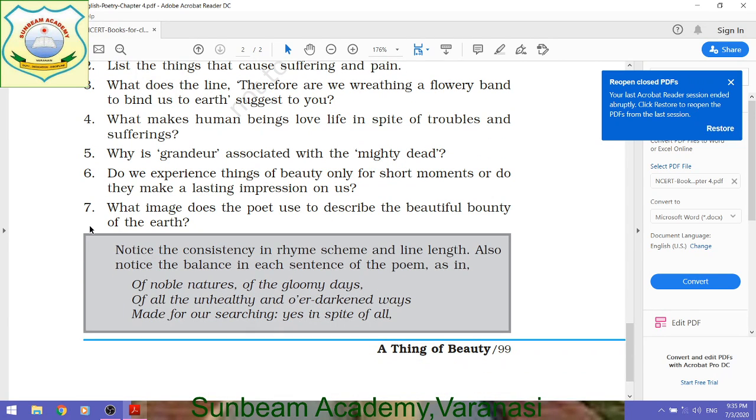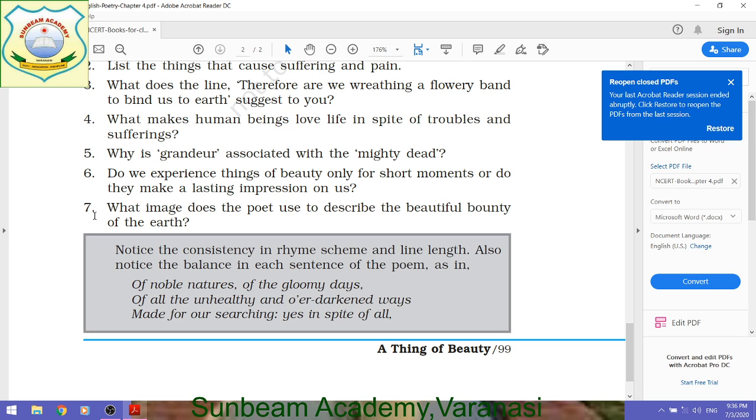And now question number 7: what image does the poet use to describe the beautiful bounty of the earth? Beautiful bounty means beautiful gift of the earth. I have already mentioned that the last 2 lines are very important, so this question is also very important, where the poet John Keats uses various images to describe the beautiful bounty of the earth.